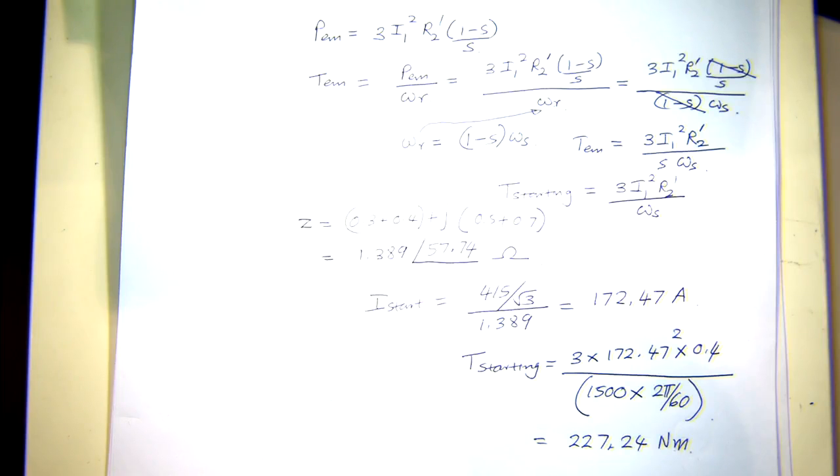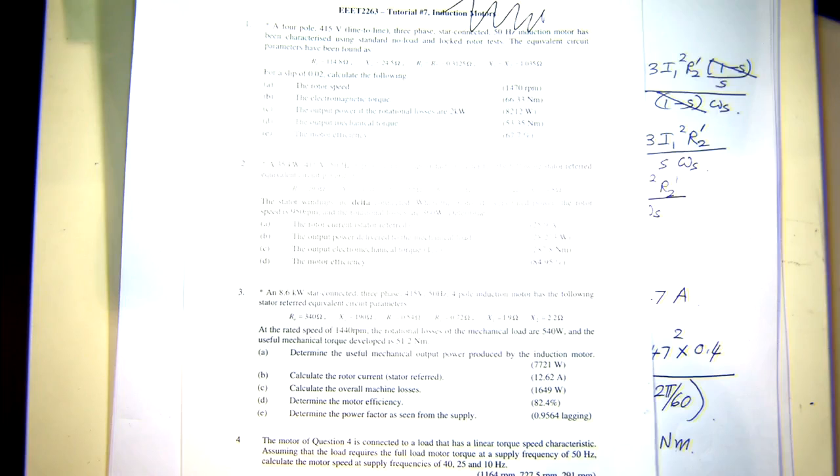So for the next tutorial, you'll be working through some examples in relation to the induction machine calculations. So this is the tutorial. I've updated it on Canvas, so you'll probably see this later today. I've moved some of the tutorials to another PDF file called supplementary examples.